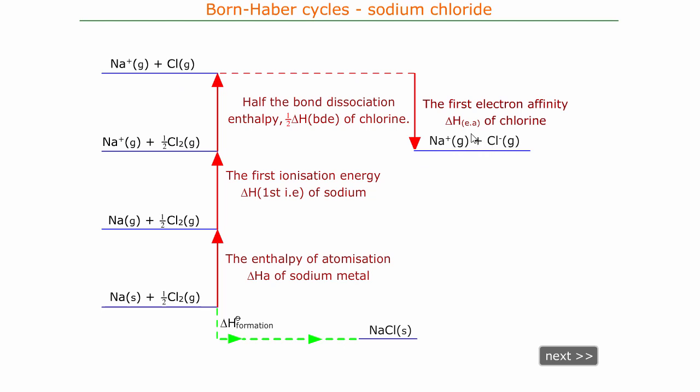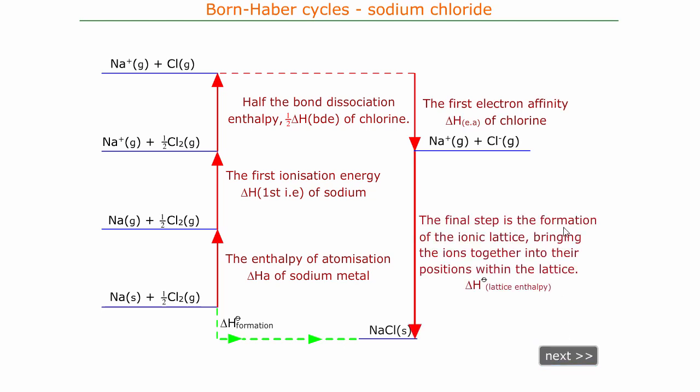Now it's a matter of putting the gaseous ions into their position in the lattice, and this energy change is called the lattice enthalpy of formation, because we're forming an ionic lattice from the gaseous particles.